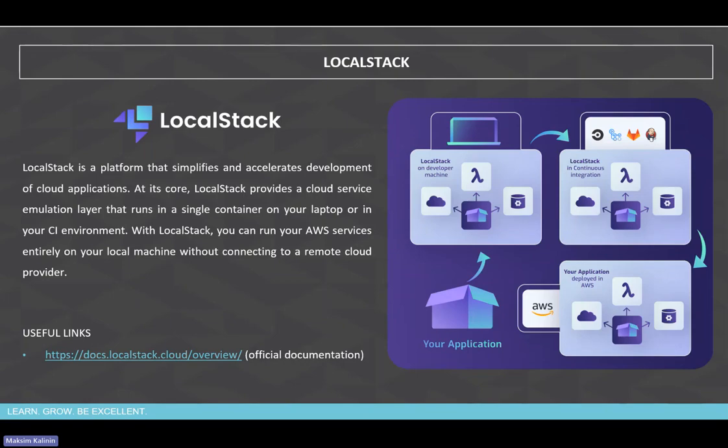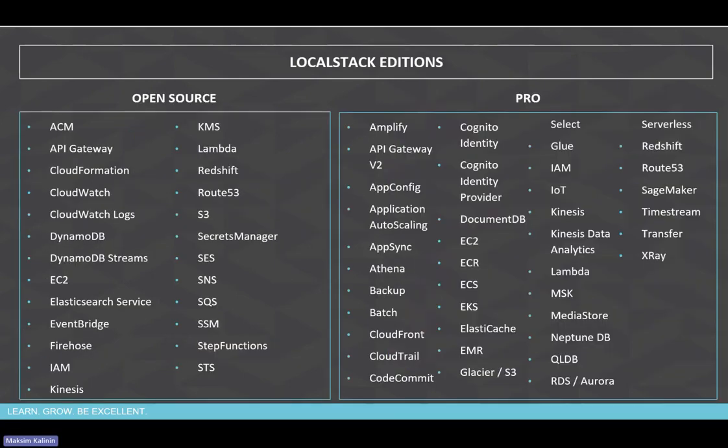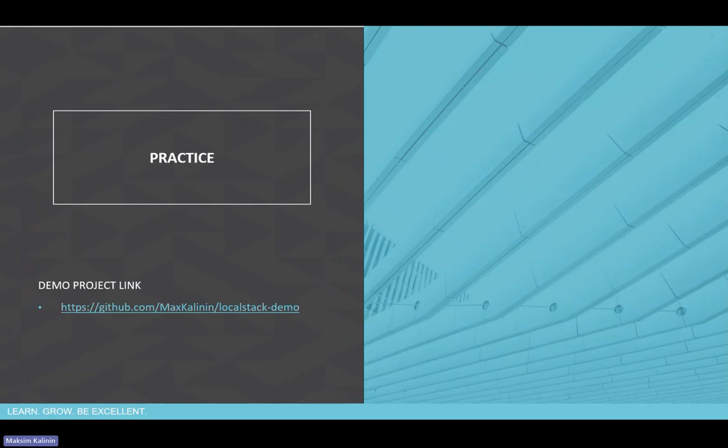It runs a test environment that provides almost the same features and APIs as the actual AWS cloud environment. LocalStack has several editions, and as you can see, the free version supports an extensive list of services. Now let's take a look at some implementation details.